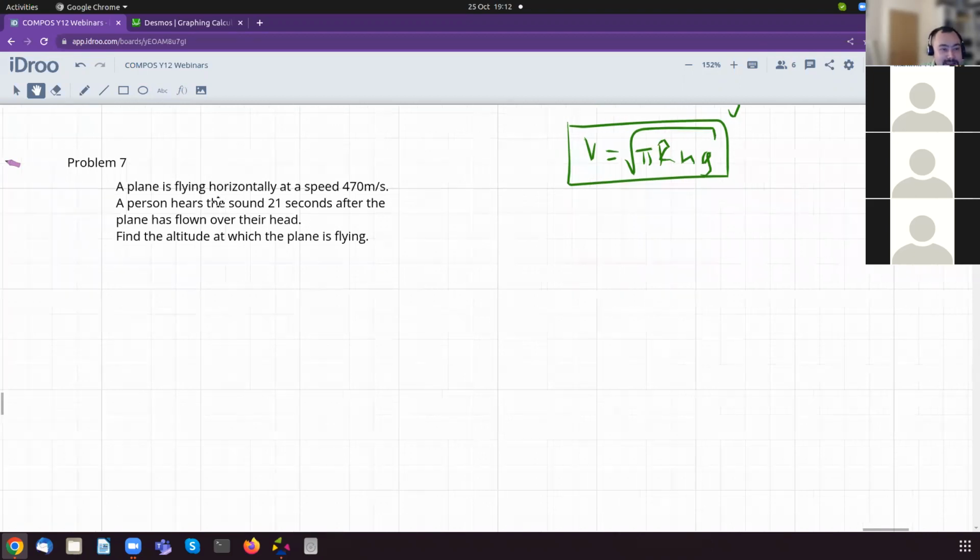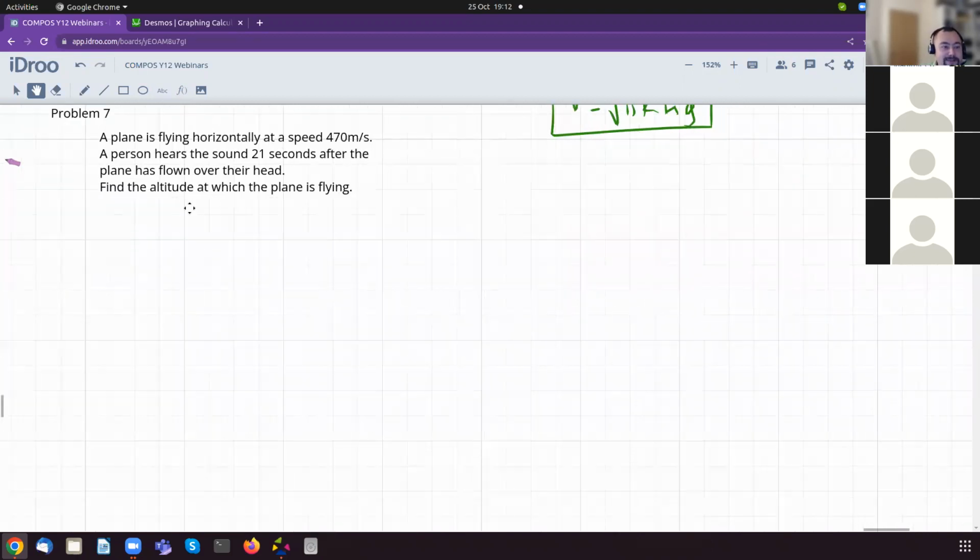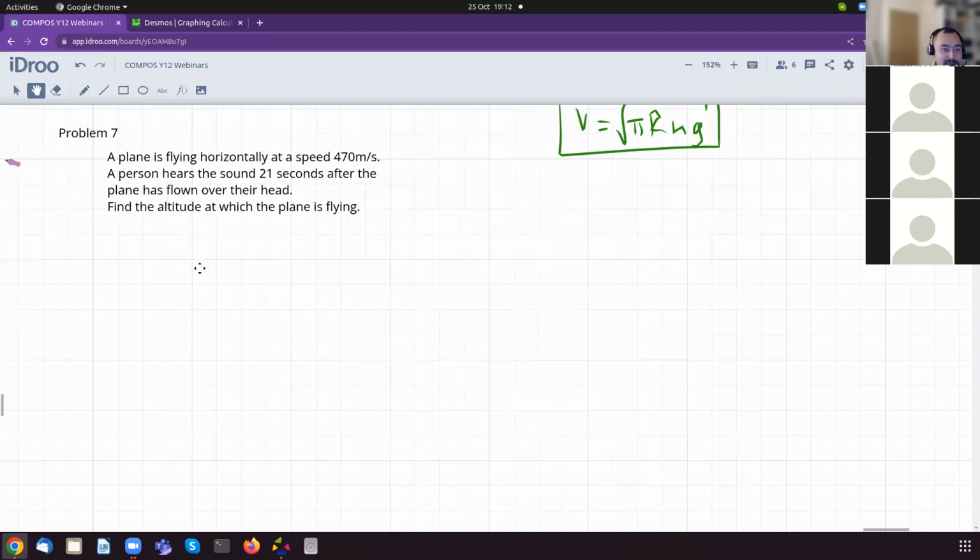The plane is flying horizontally at speed 470 meters per second. A person hears a sound 21 seconds after the plane has flown off over their head. Find the altitude at which the plane is flying.